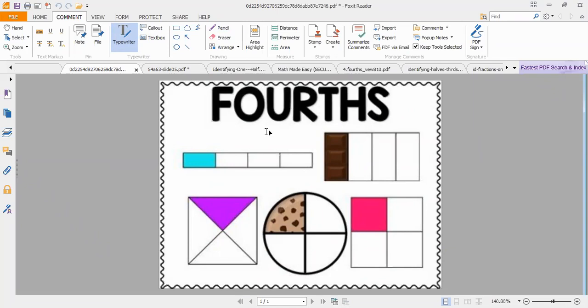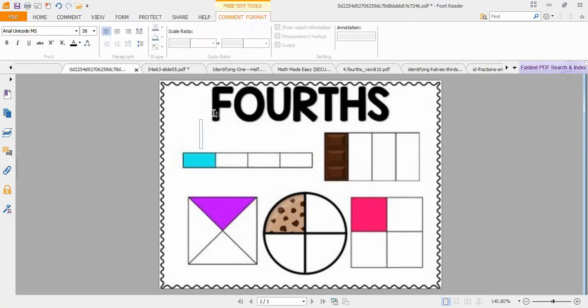Not any 4 parts, okay? The 4 parts should be equal. Okay, so the fourths means 4 equal parts.